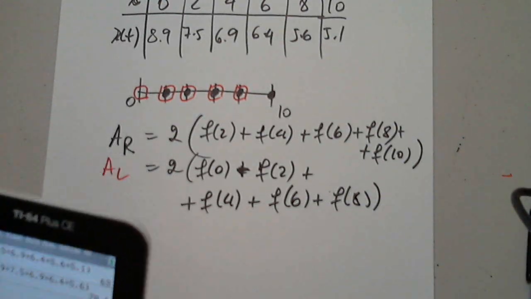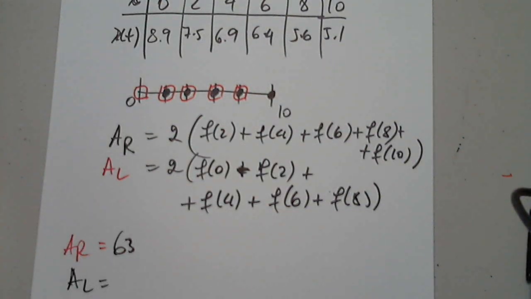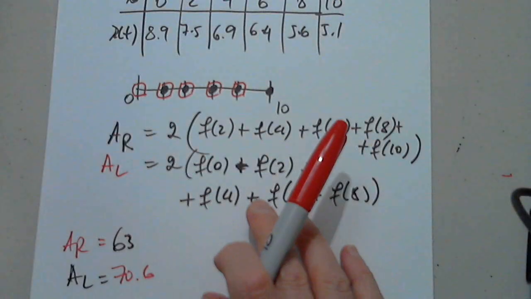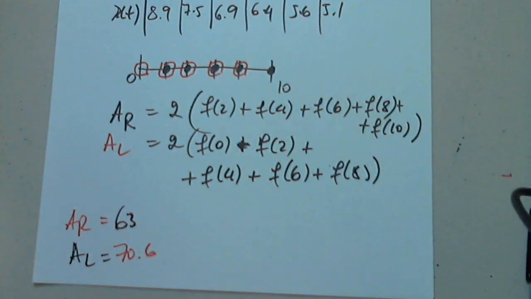And I got 70.6. So the smallest, it all depends, as I said, if the function is increasing or decreasing. That's all it means.